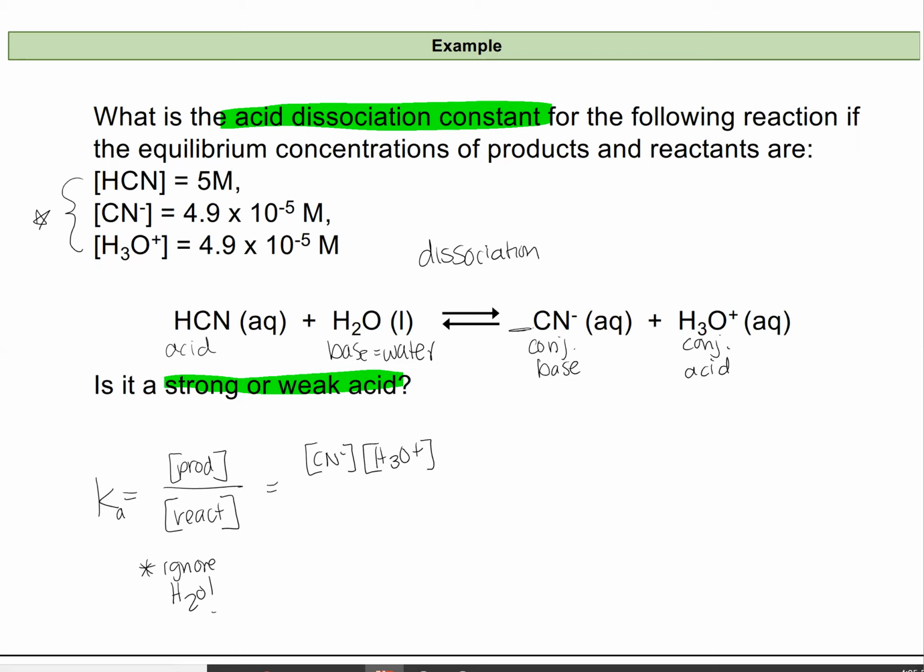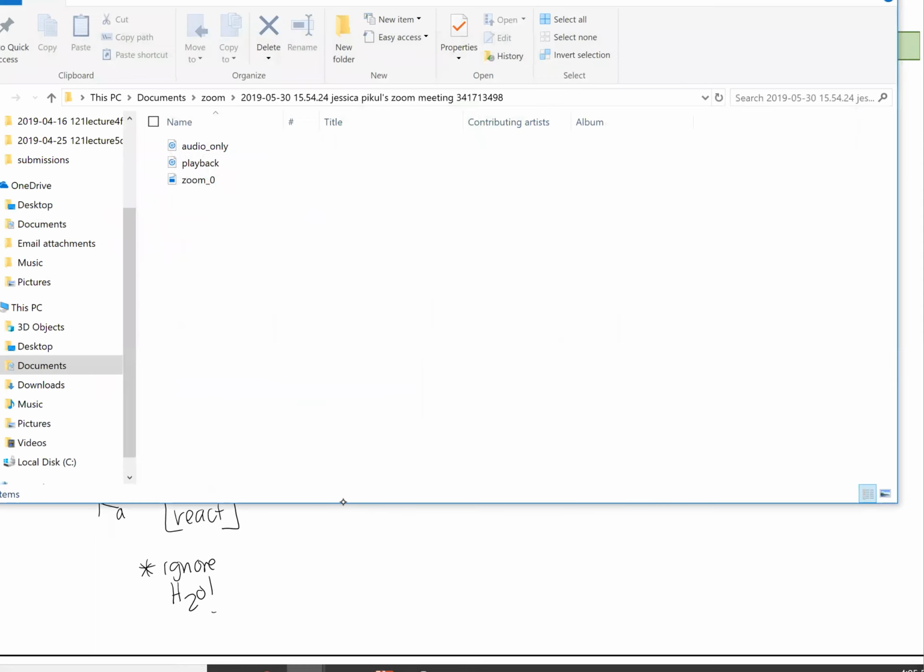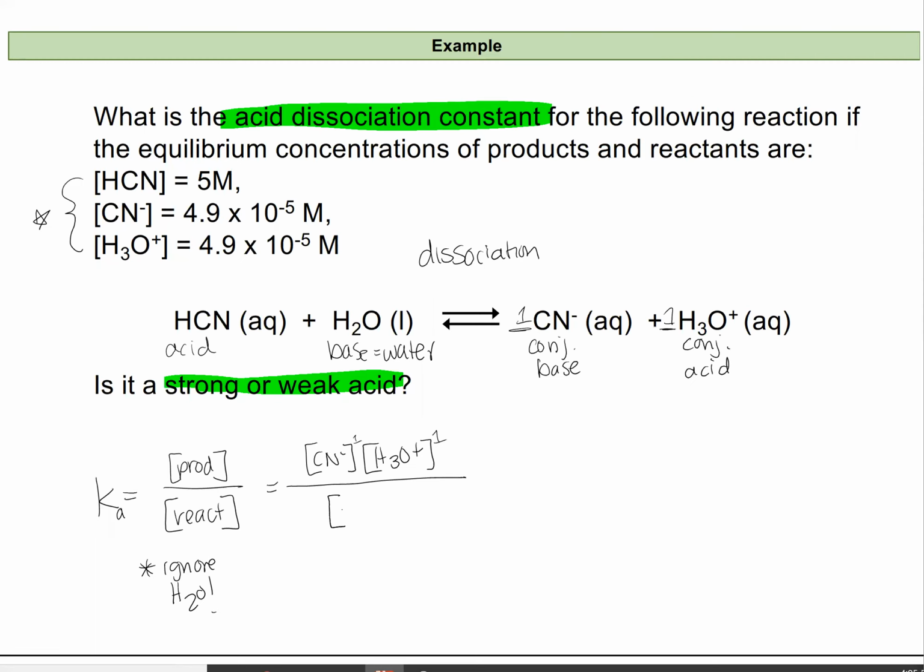And they each have a coefficient in front of it that's omitted, which means it's 1. So I have exponents of 1 that I can just ignore because it'll just be itself. And on my reactant side, the only one I need to consider is the hydrogen cyanide, HCN. And it also has a coefficient of 1.